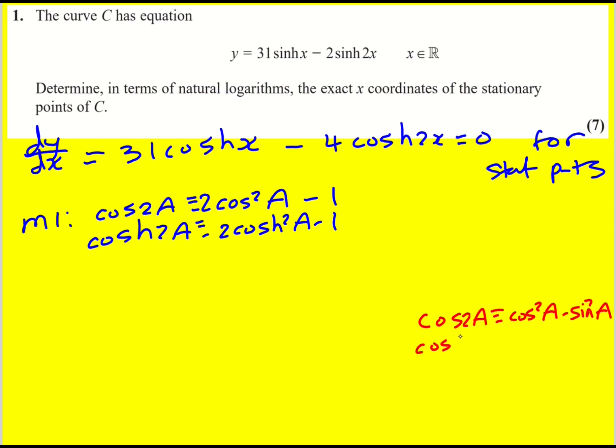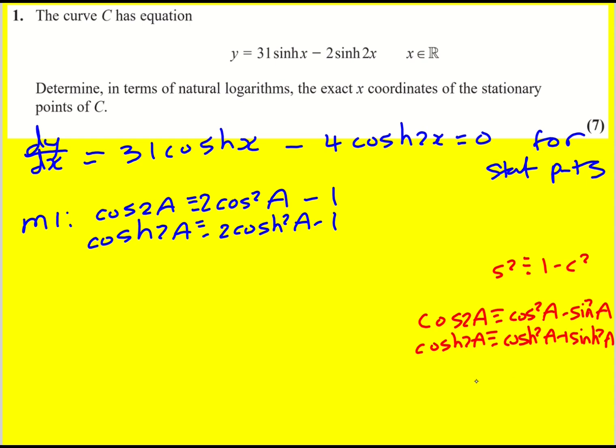And if we use Osborne's rule, then cos 2a would become cos squared a plus sine squared a. And then for the one above, we always use sine squared plus cos squared as 1. So sine squared is going to be 1 minus cos squared, and sub in for it, we're going to get 2 cos squared minus 1.